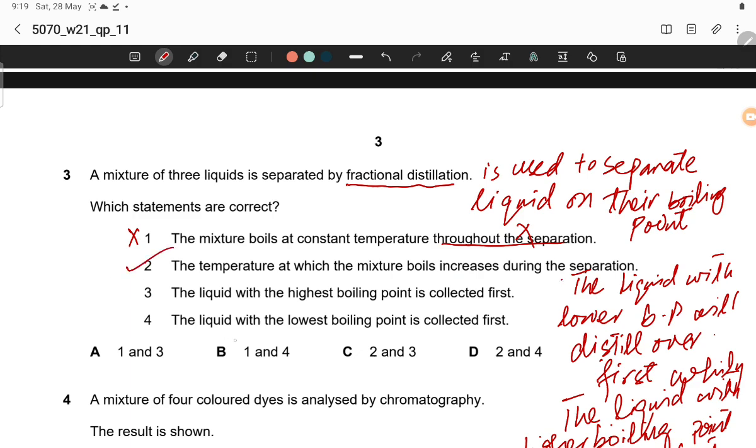This is correct. The liquid with the highest boiling point is collected first. No, this is incorrect. The liquid with the lowest boiling point is collected first. Yes, this is correct. So statements 2 and 4 are correct.